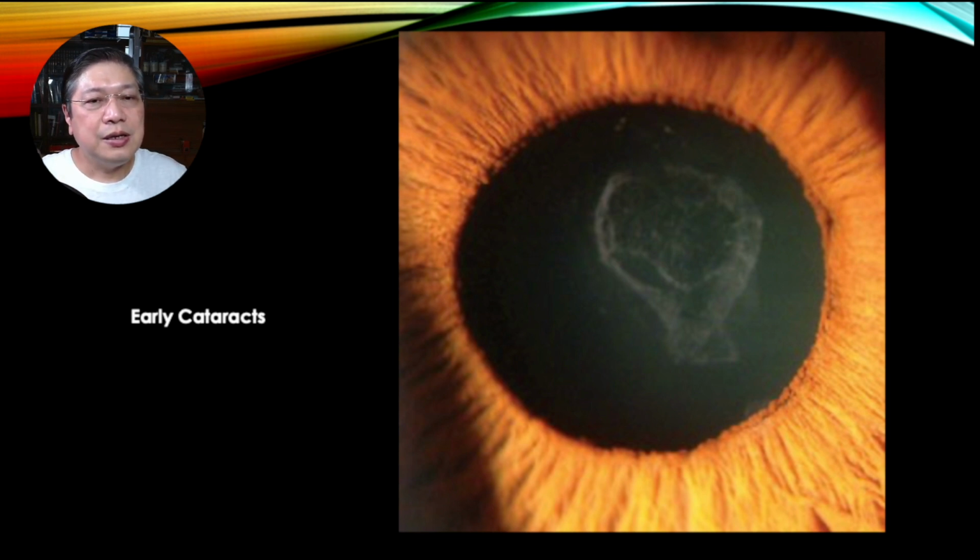If the patient has a cataract this early, a very, very light cataract, the patient's vision is 20/20, sometimes 20/25, sometimes 20/30. Their vision would not be bad enough to necessitate an immediate surgery. So you can give them glasses.